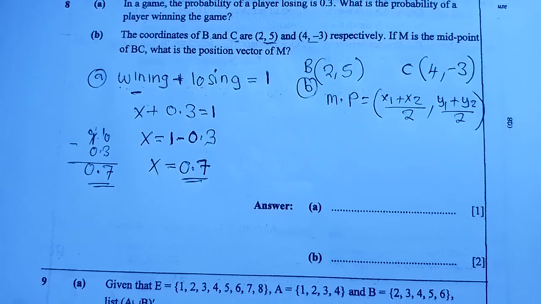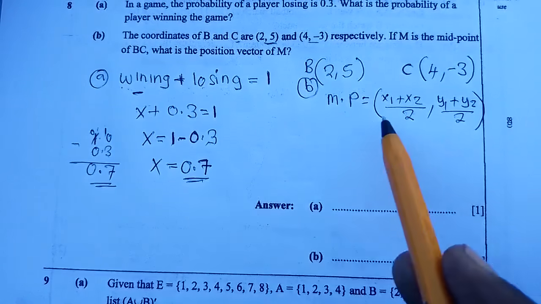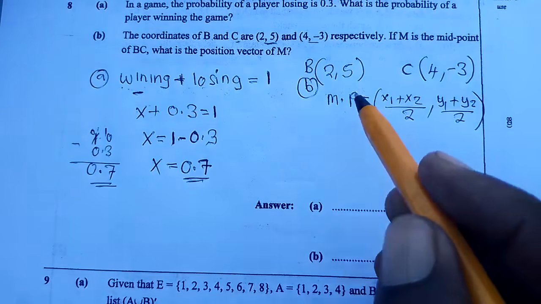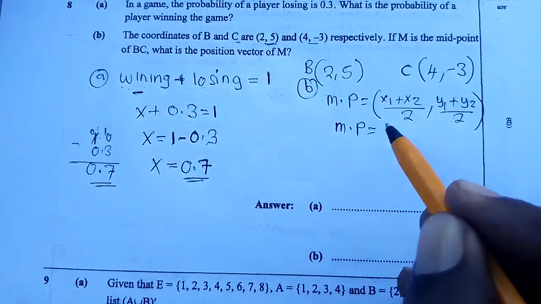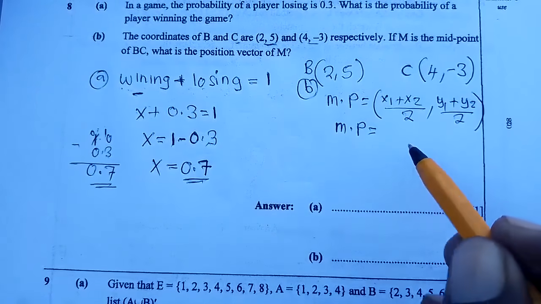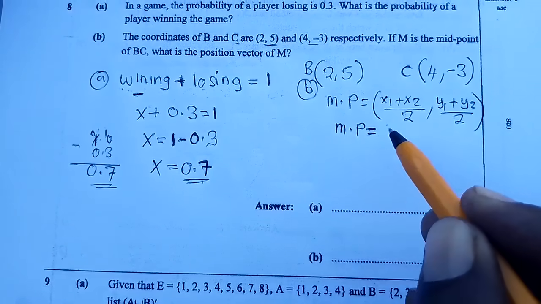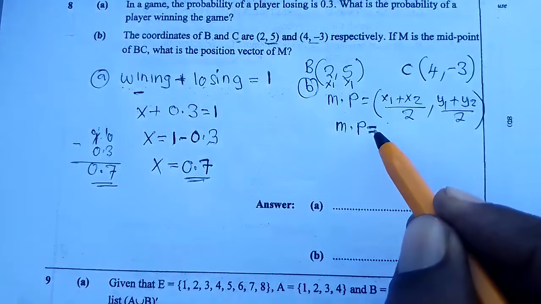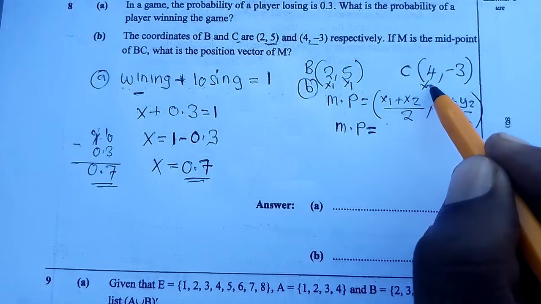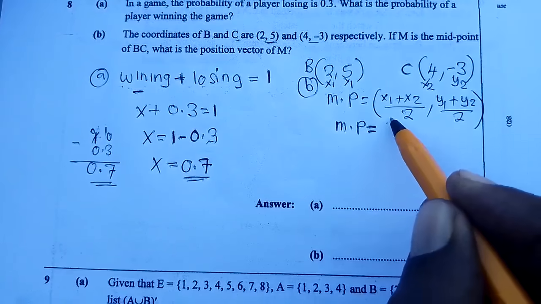When you're taught to find midpoints, this is the formula that you need to know. Now, M is the midpoint of BC. So you say this is x1, this is y1. This is your x2, this is your y2. Then you just substitute in the formula.